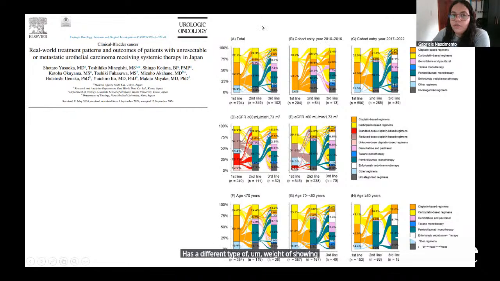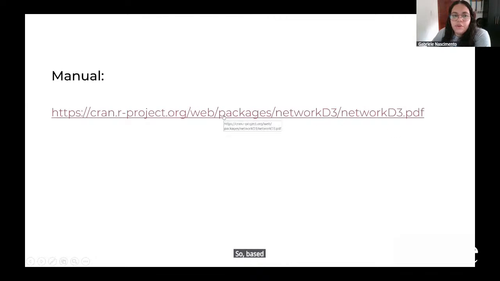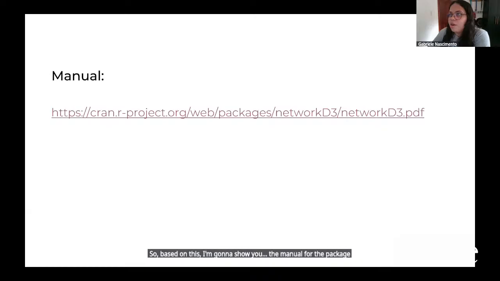Here we have the total number of patients, and we have chords for different years. Here we have glomerular filtration rate for the different types of treatment. And here we have age groups. So based on this, I'm going to show you the manual for the package I used in R.